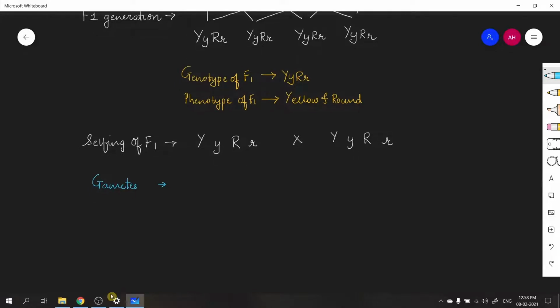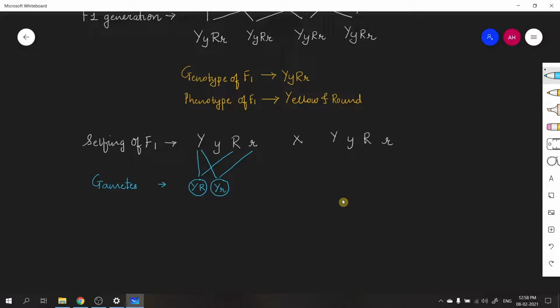So here we consider the first Y with the first R and write it down in a gamete. Remember, we write gametes in circle. Then we consider the same Y with the second R. Alright. So we basically combined the capital Y with both the R's here.